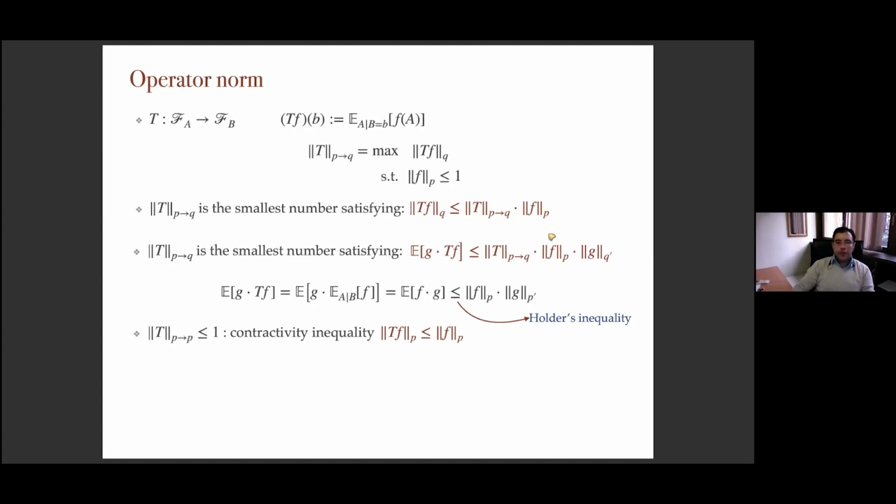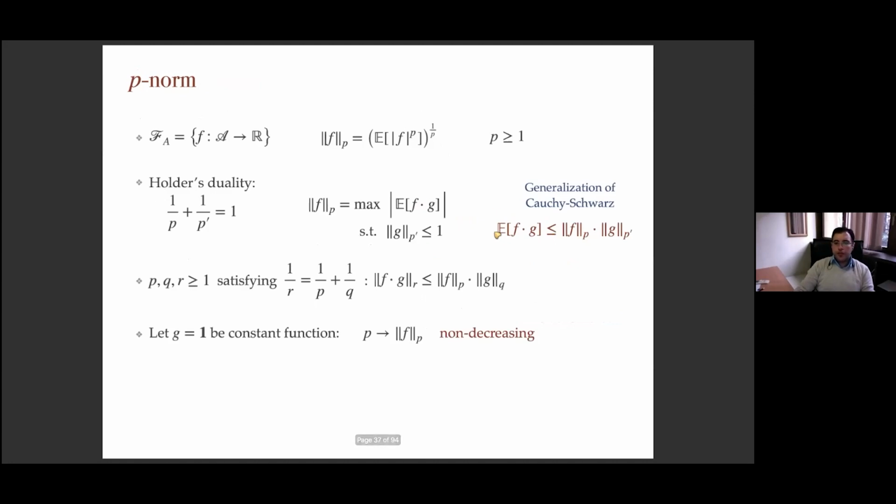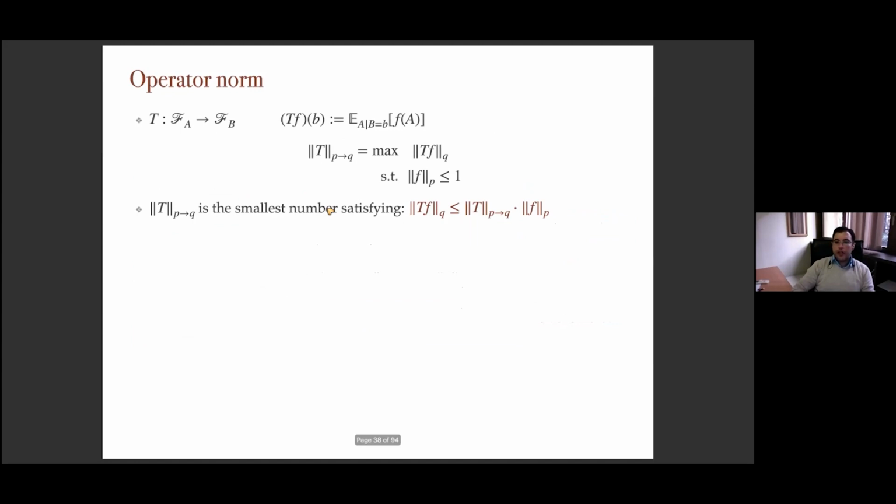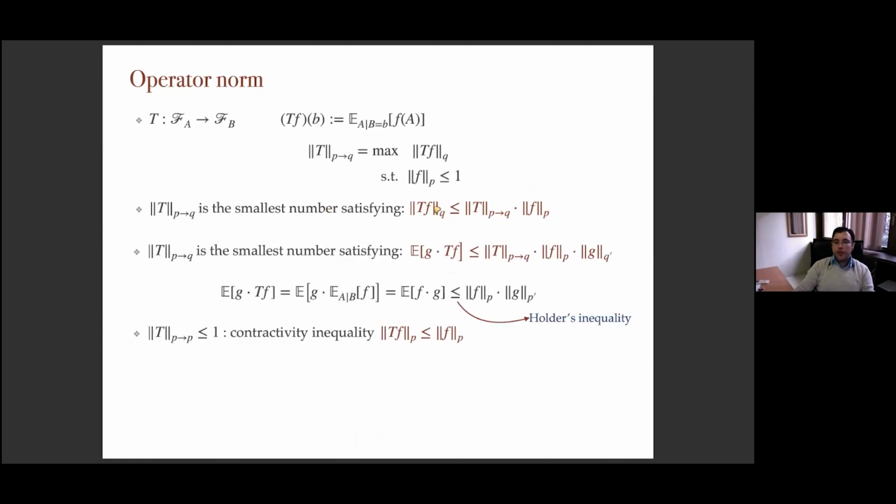So if you use this duality for the Q norm of T of F, you would realize that the P to Q norm of T is the best constant that I can put here in such a way that this inequality always holds.